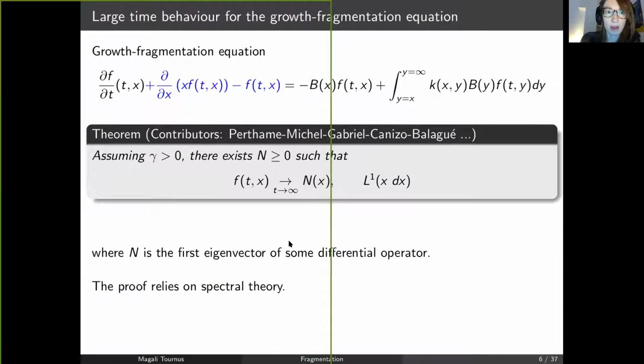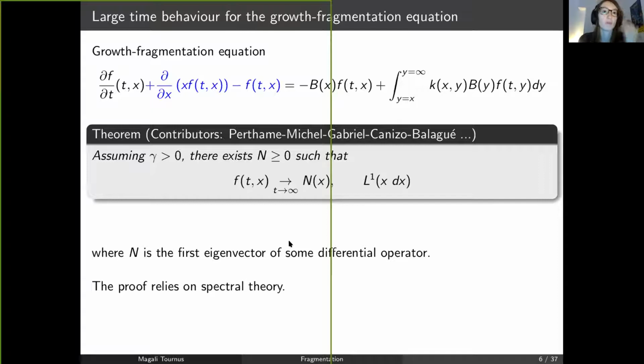Okay, to talk about the large time behavior of this fragmentation equation, I will talk first about the large time behavior of the growth fragmentation equation. It's the same equation, but particles can fragment, but can also grow. Actually, in the experiments of Wei-Feng, we could have incorporated the growth term, but we agreed that growth was negligible in the experiments.